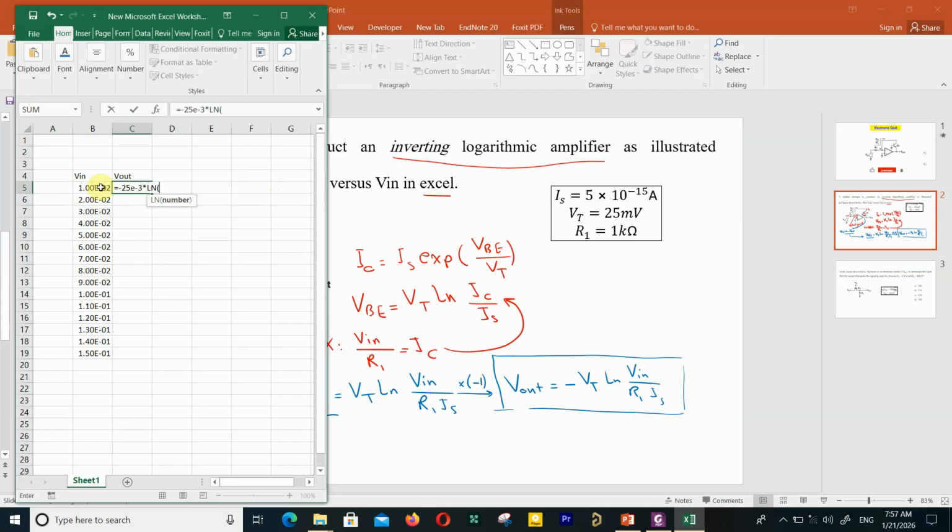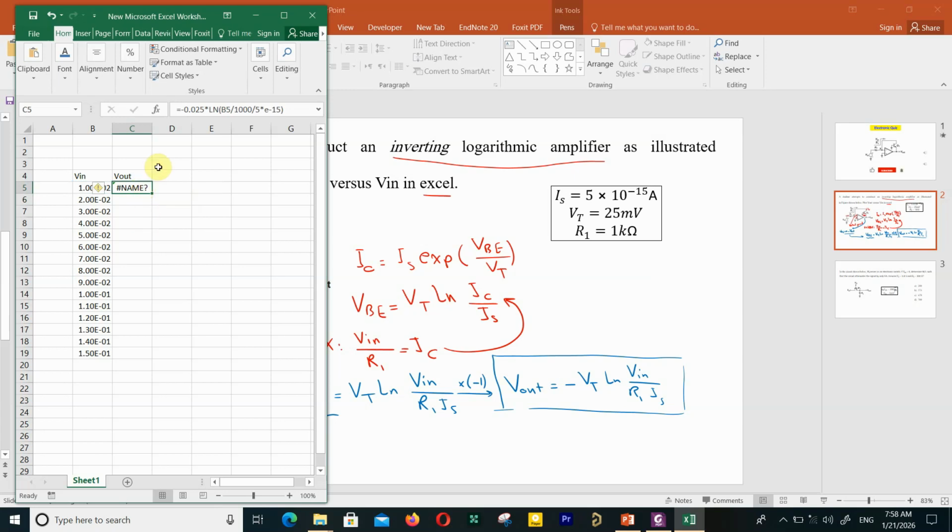For V in, you choose this cell, divided by R1 IS. R1 is 1 kilo, so 1 is the cell, and then IS is 5 times 10 to the power of minus 15. I can choose again division of IS, which is 5 E minus 15. Okay, this is one way of doing this. Or you can use parentheses in the denominator. Both are the same. So hit enter.